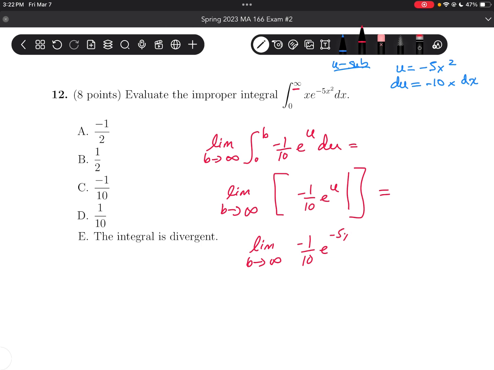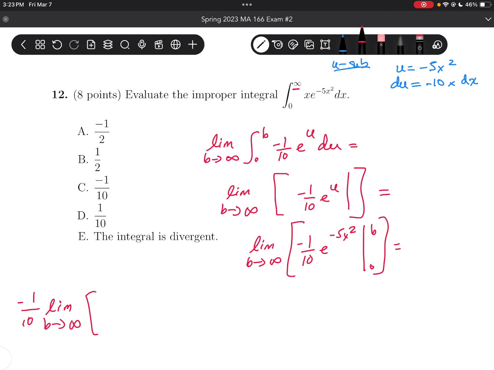I have e to the power of negative 5x squared, and this is from 0 to b. So if I evaluate this, I get negative 1/10, and I'm actually going to pull this negative 1/10 all the way out of the limit. Negative 1/10 is a constant, which is why we can pull it all the way out.